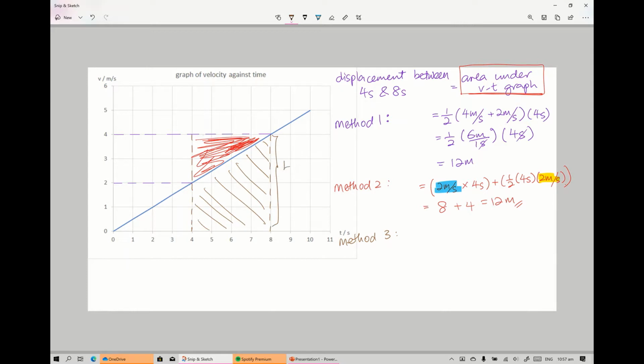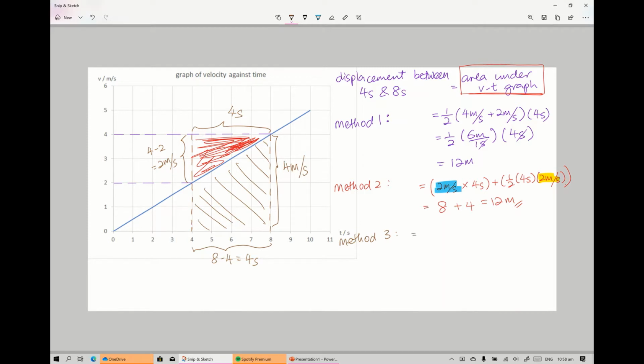This is 4 meters per second, so from 0 to 4. This is 4 to 8, so 4 seconds. And this part here is 2 to 4, so 4 minus 2 equals 2 meters per second.